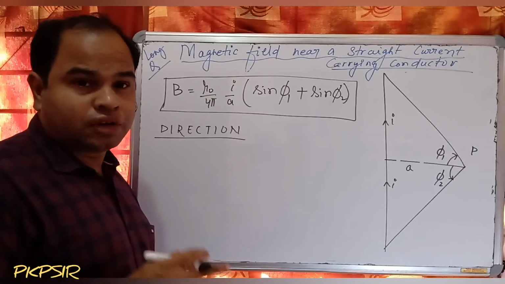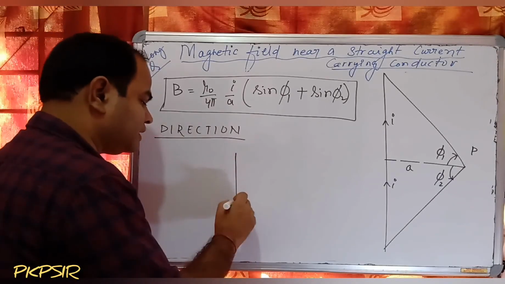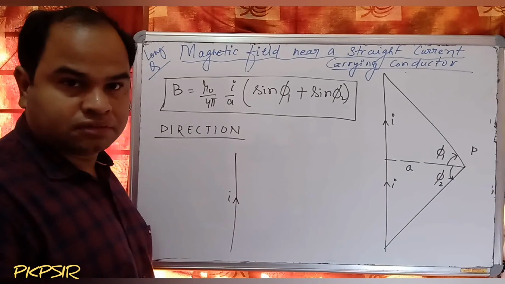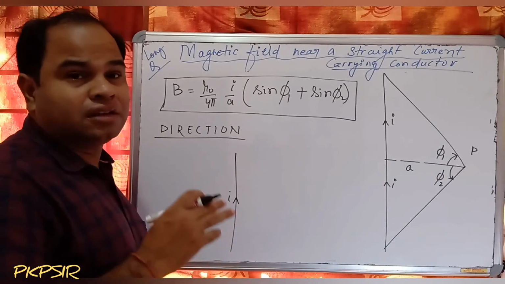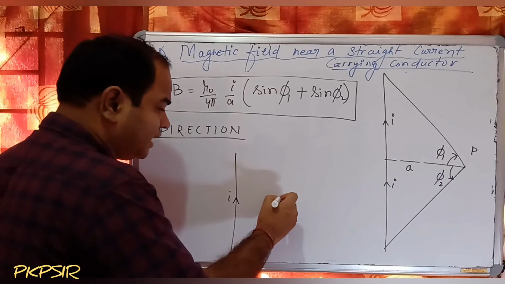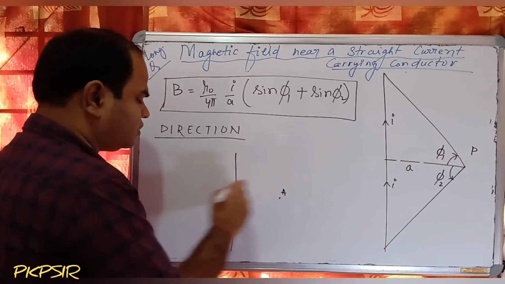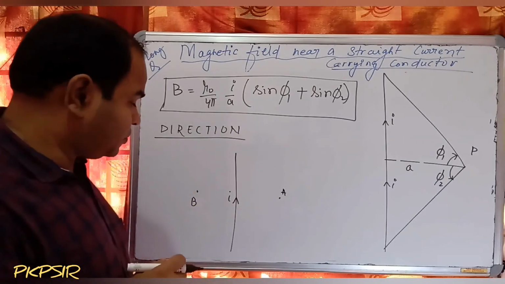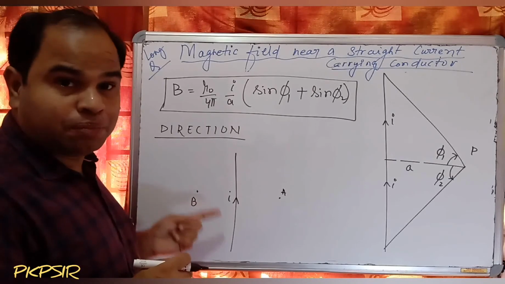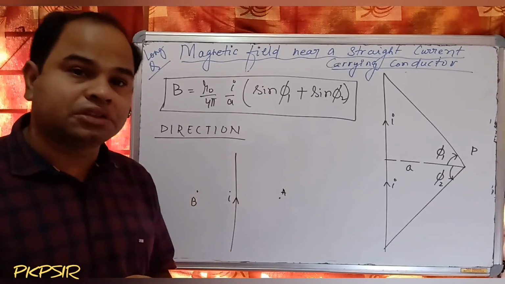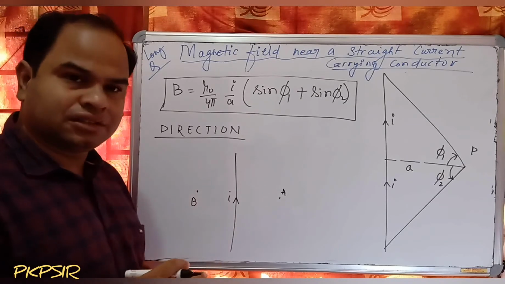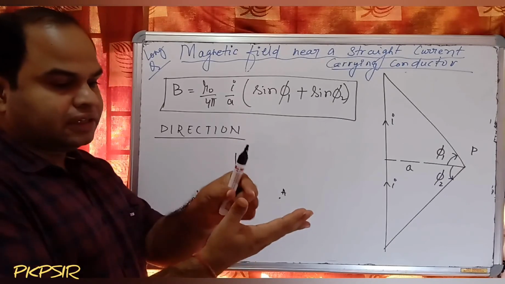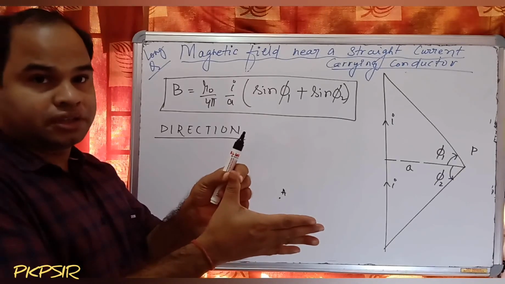If we draw a straight current carrying conductor in a plane, how to determine the direction of the magnetic field at any point, let us say this point or this point? Again, if we take a straight current carrying conductor drawn in a plane, how to determine the direction? In that case, take your right hand, the thumb represents the direction of current.